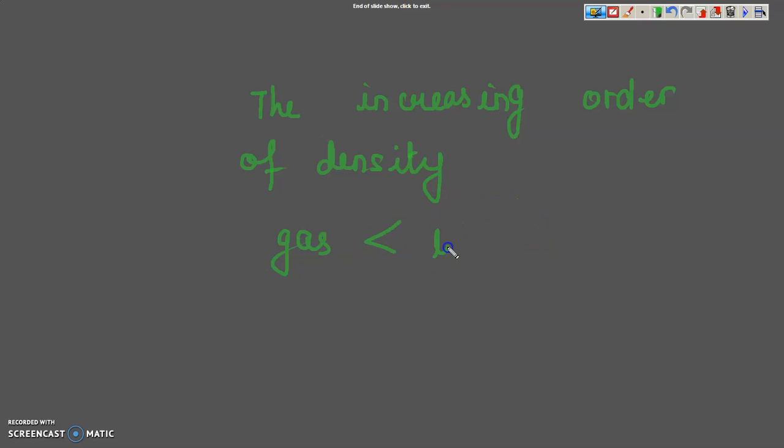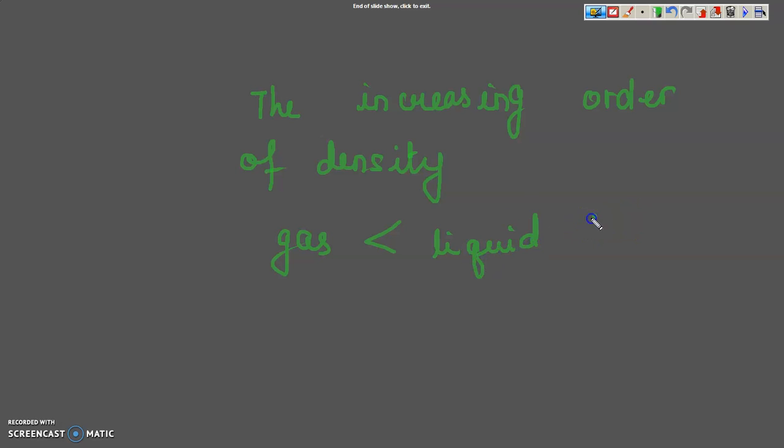There's one more point I want to tell you: the increasing order of density of states of matter is gas, then liquid.